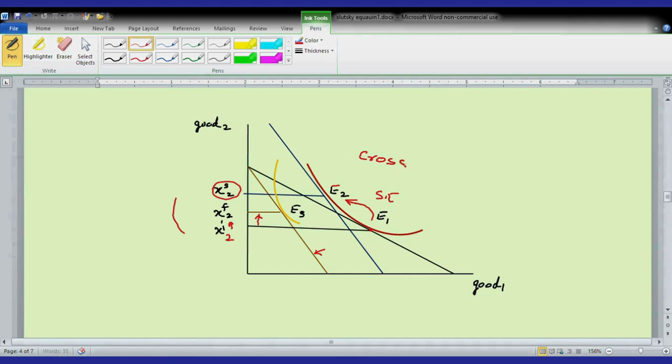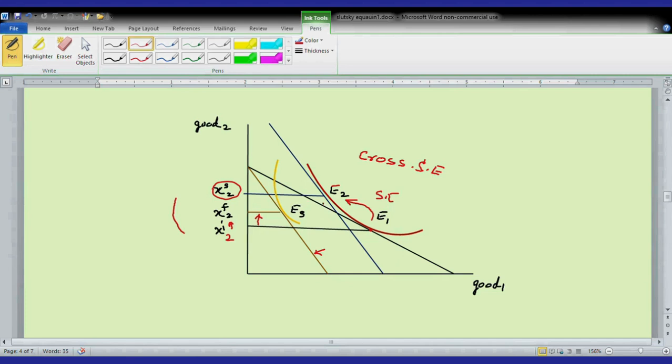So, cross substitution effect, when we are decomposing the price effect into income and substitution effect using the consumption of the good of which the price has not changed. The price of the other good had changed, and we are recording income and substitution effect in terms of the consumption of the other good.